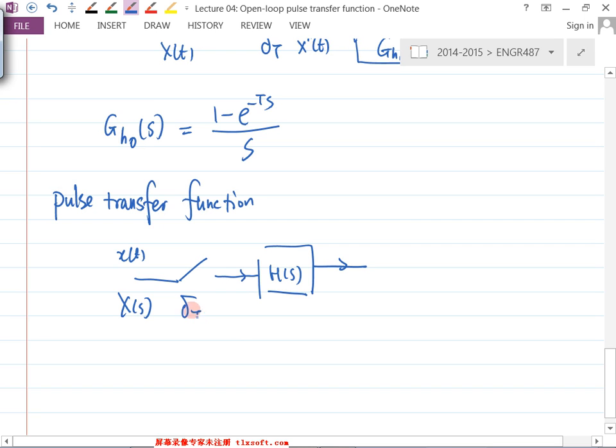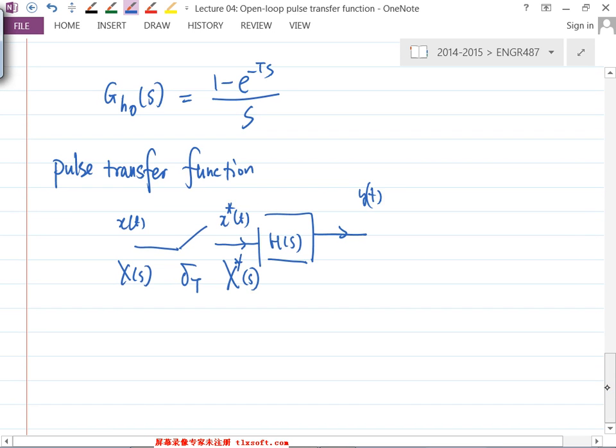You have an impulse sampler, delta t here. Then you have a transfer function h of s. This could be just a zero order hold, or a combination of a zero order hold with some other blocks. And this is x star of t, this is capital X star of s, and this is y of t. So we're trying to find the pulse transfer function.